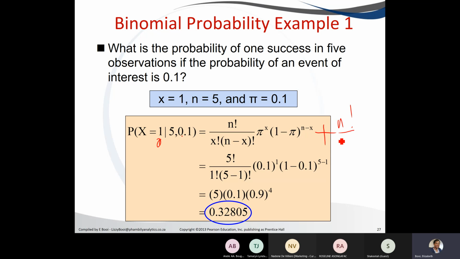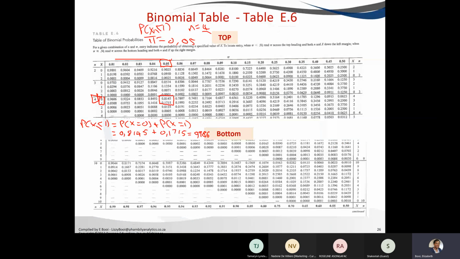The formula is n factorial over x factorial times (n minus x) factorial, times pi to the power x, times (1 minus pi) to the power n minus x. So you will do two of these equations and add them together so that you get the same answer. So it's easy to use the table, especially if you're going to do the greater than, less than, or less than or equal and so forth. And that is binomial distribution.